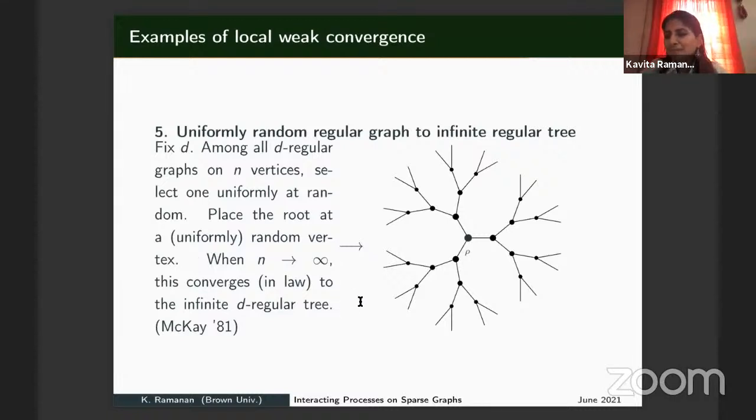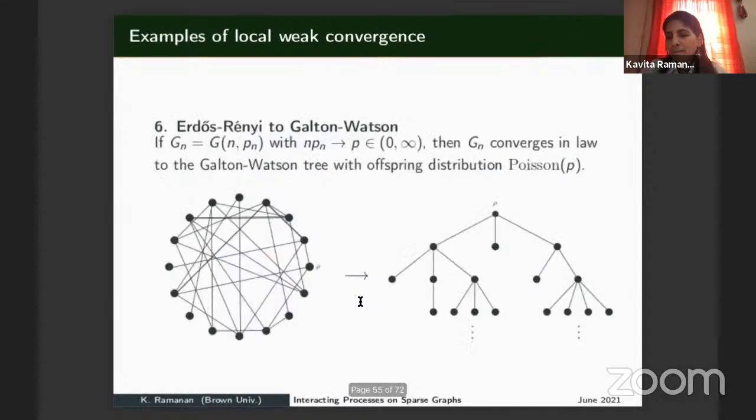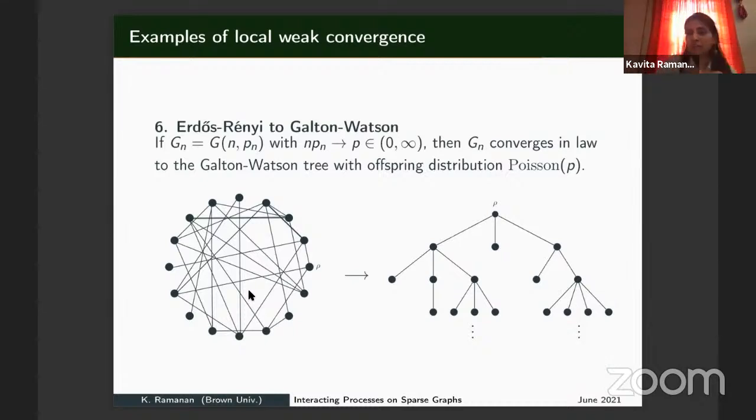Okay, so then the limiting object could be a random infinite graph. Yes, it is. In fact, here you have a Galton-Watson tree, and again I'm choosing the root uniformly at random. Of course, if I choose it in a way that's biased towards higher degree, the root is more likely to have a biased degree, and you're not going to get a Galton-Watson tree, because the root will have higher degree than a typical vertex.